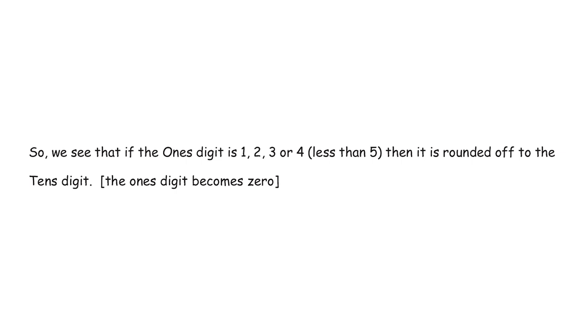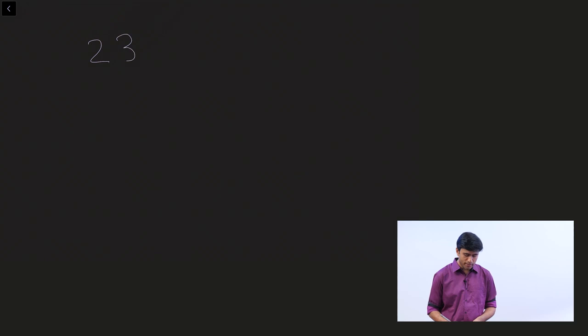Let's take an example. How do we round off 23 to the nearest 10? 3 is less than 5, so it is rounded off to 20. You look at the ones place.